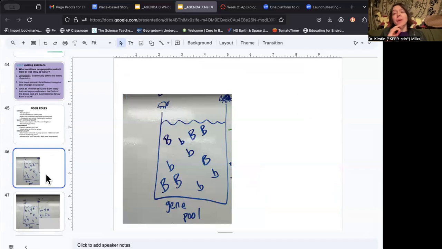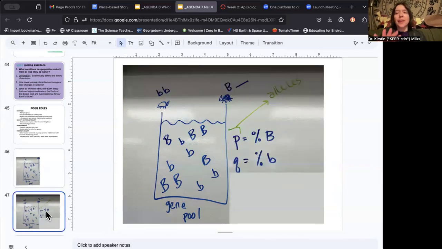So today, we're going to talk about the gene pool. I drew it as a pool because I think I'm funny. And it doesn't have to do in the POGIL with how many light colored or dark colored beetles there are. It's just a way to think about what the proportions are at large of those dominant and recessive alleles. And for Hardy-Weinberg, we are never, ever going to ask you about more complicated phenotypes, just so you know. I've never seen a question like that.